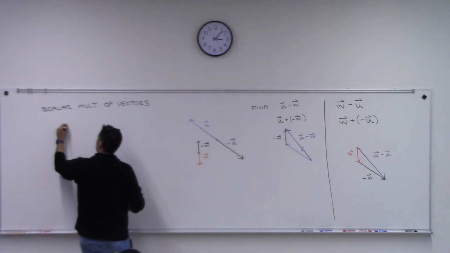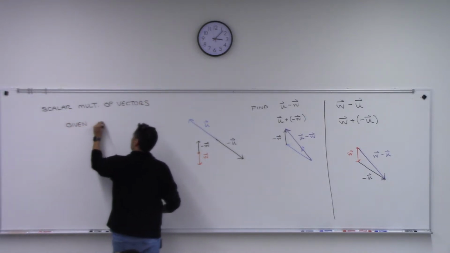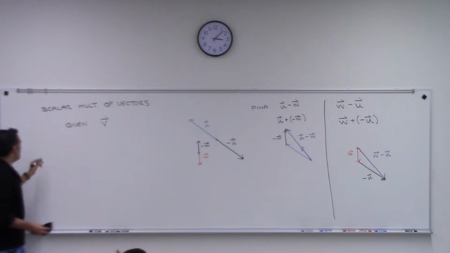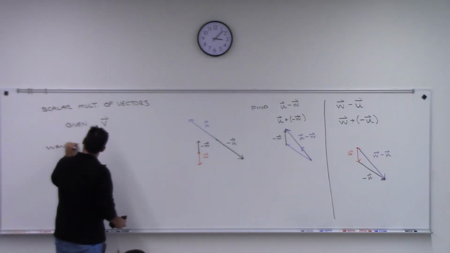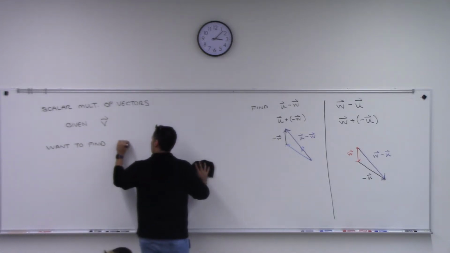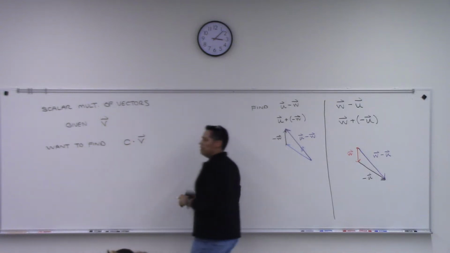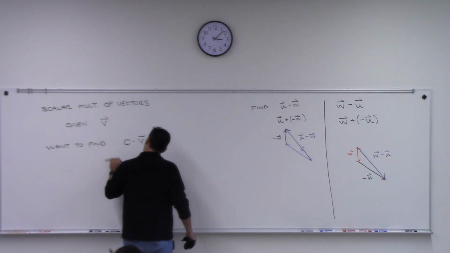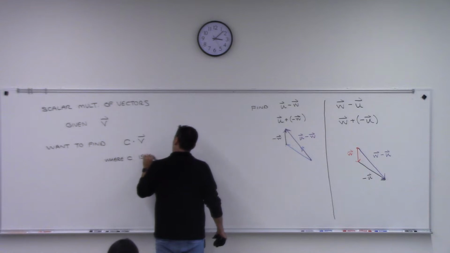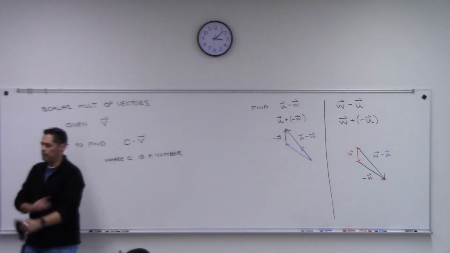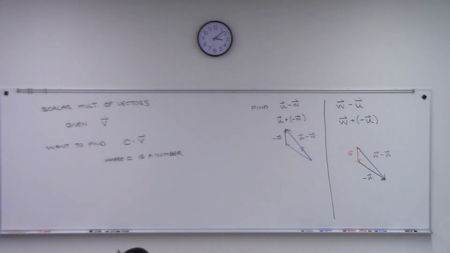Let's say you're given some vector v, and then you want to find what c times that vector v would be, where c is a number. So I'm going to show you an example right now.